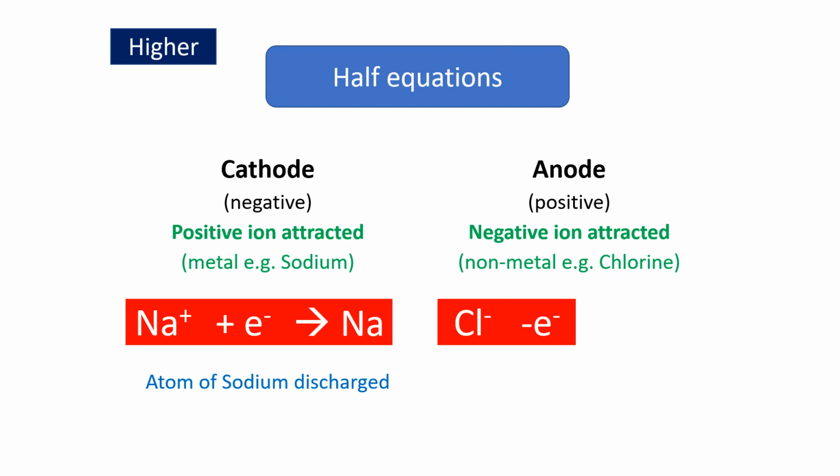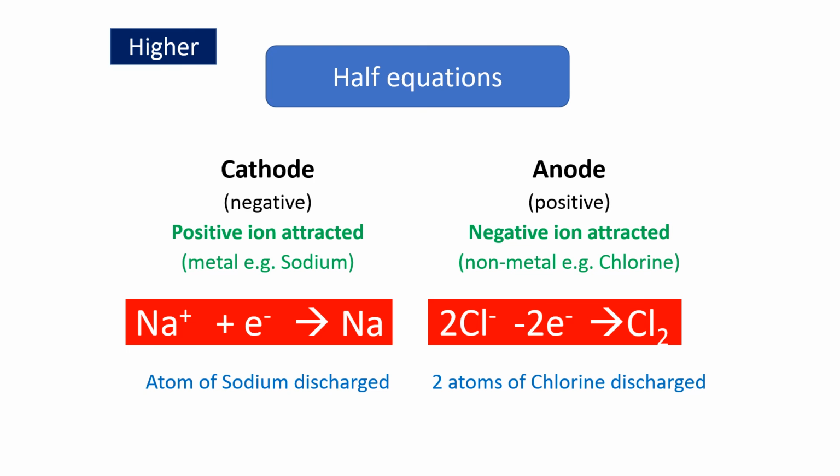Because it's already negative, I'm taking away a negative electron to give me a chlorine atom. However, I know it should be Cl2, so I'd need to go back and balance that out, and I'd end up with 2 atoms of chlorine discharged. That's as clear as I can do it in the speed I've got, guys. If you're struggling, go look at YouTube or ask me for help before the exam.